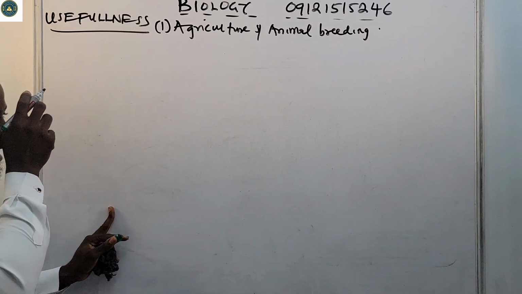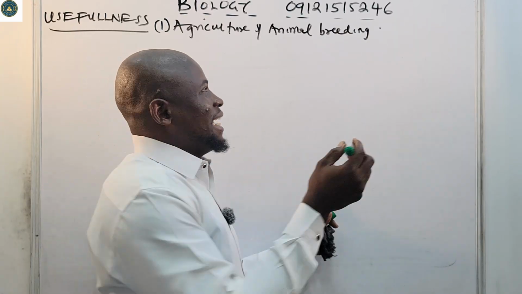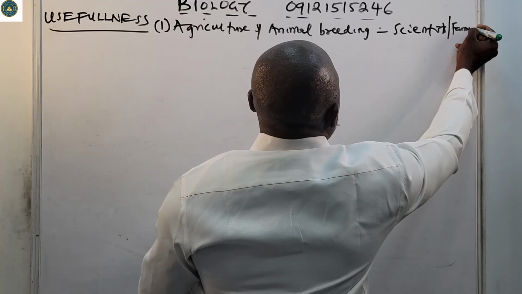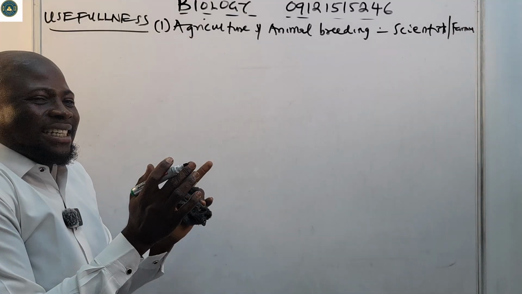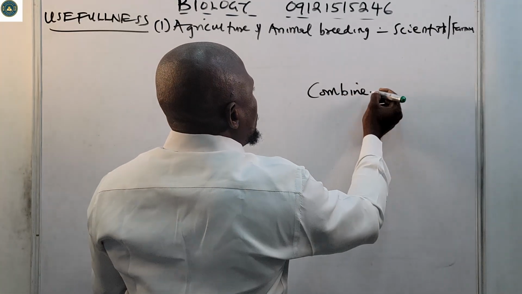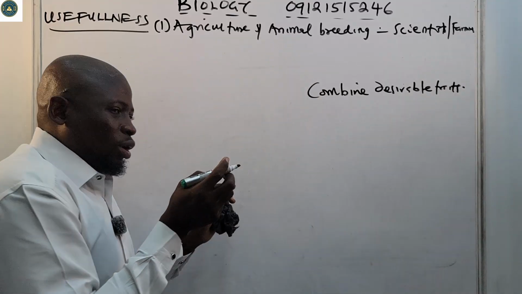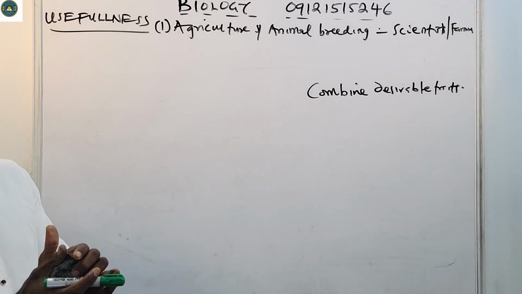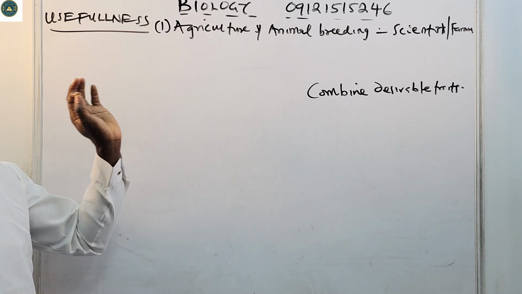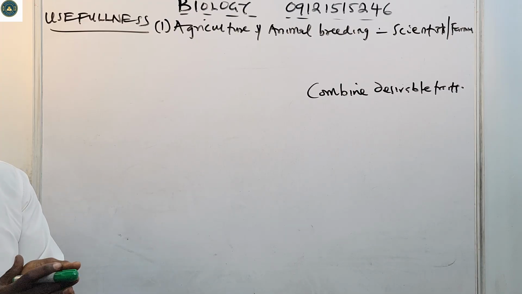The law of independent assortment helps farmers and scientists to combine desirable traits in both crops and animals. So it is useful in agriculture and animal breeding. It helps scientists or farmers to combine desirable traits in crops and animals.